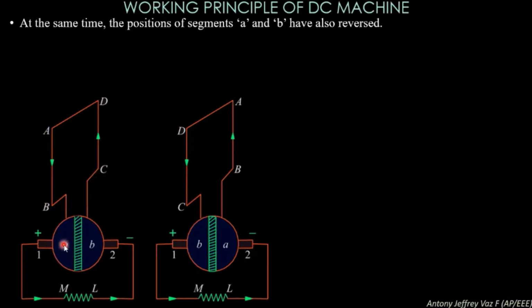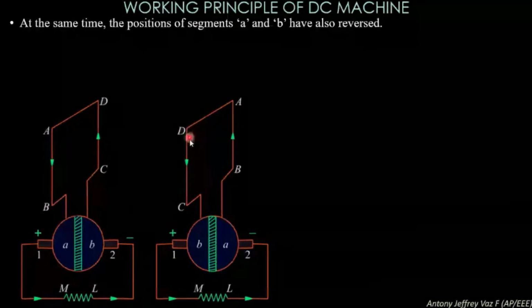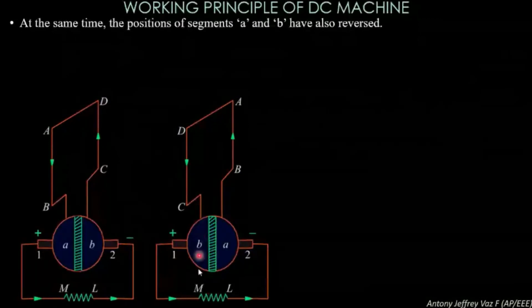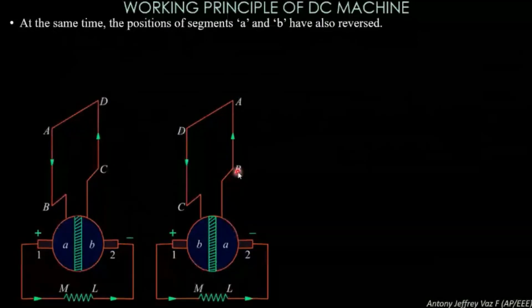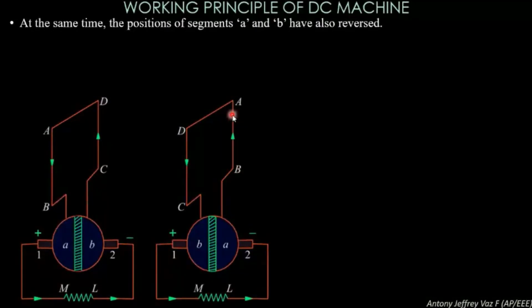Here the segment A is positive and the segment B is negative. But after one half rotation, you can see the current starts flowing from DC, BML, BA. What happens here is now the segment B becomes positive and the segment A becomes negative.